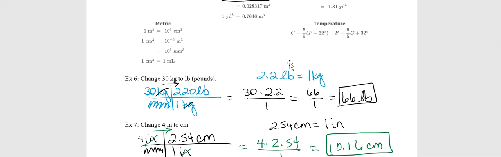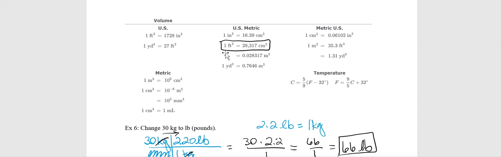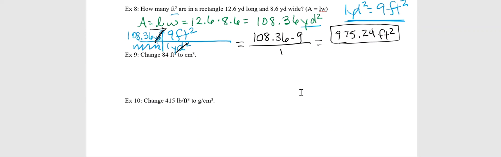Double check that to make sure that is what we were looking for. Yep. Okay, so 1 cubic foot is 28,317 cubic centimeters.